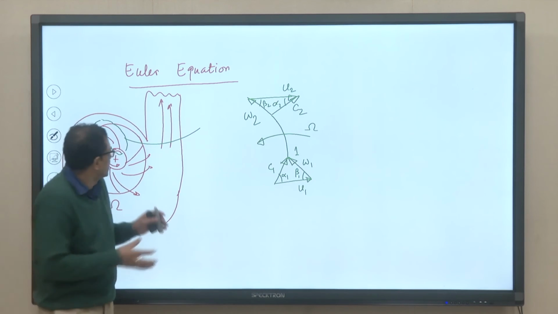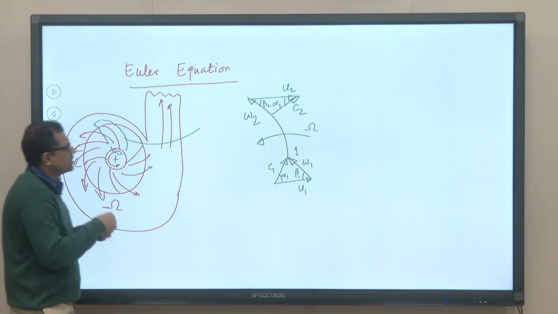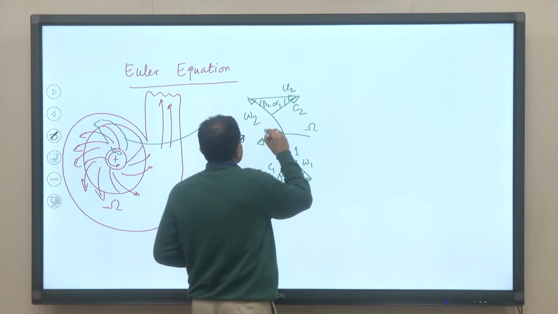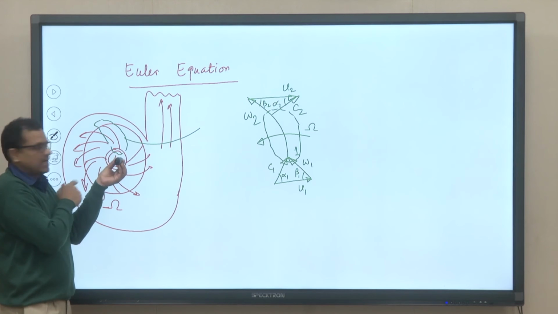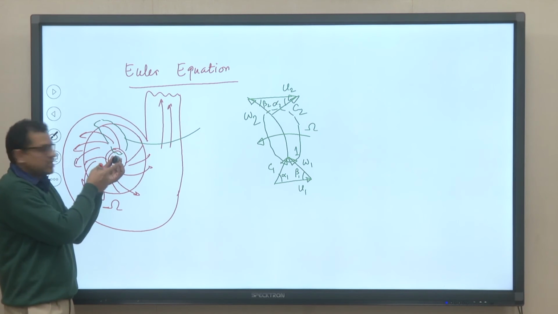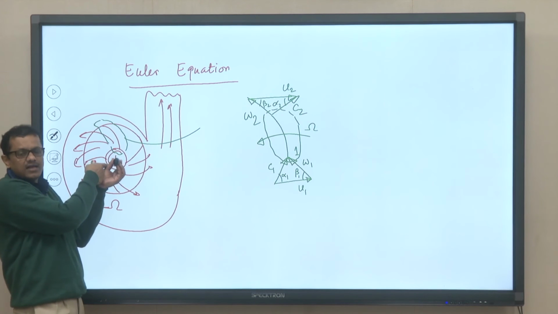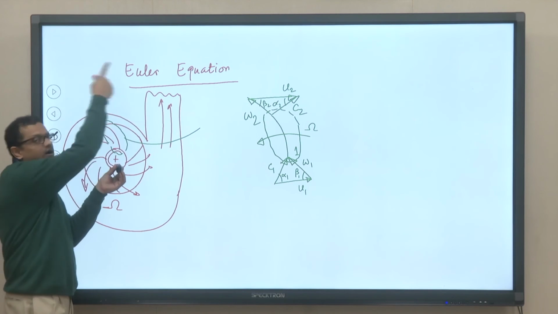So, we need to consider a control volume. If we try to consider, this is the control volume, right. Okay. And what we can understand is that the inlet to this impeller is like this, which is perpendicular to the plane of this board, and liquid will come in this direction, it will enter into the pump, and because of this pumping action it will go off.